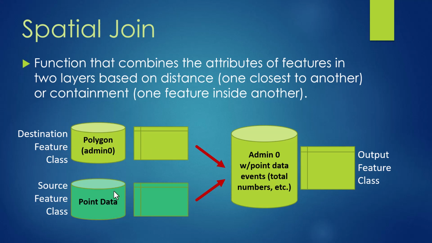This is a polygon layer, this is a point data layer, and you combine both such that the destination feature class, this polygon, will acquire the source feature class and combine them both so that both of the data sets are reflected on the attribute table. So the output will be a polygon layer, but it will contain the attribute table from the point layer.